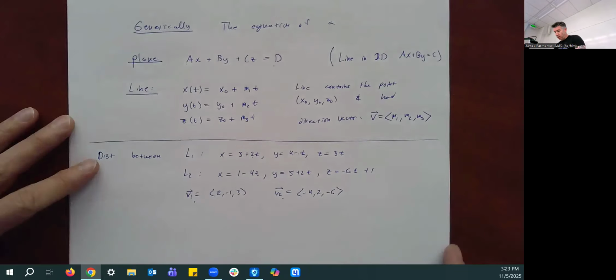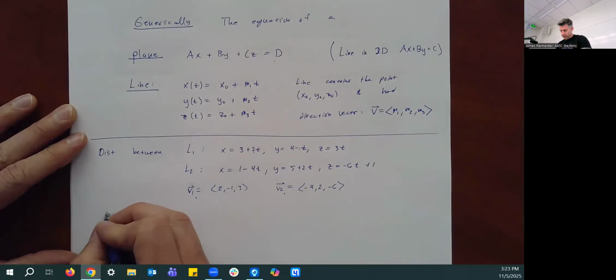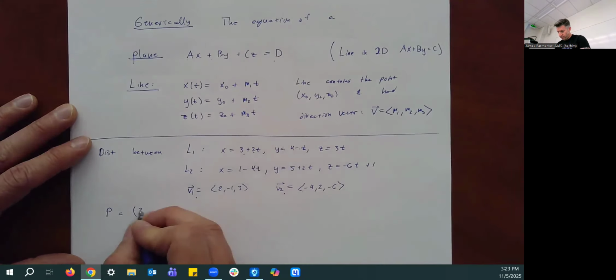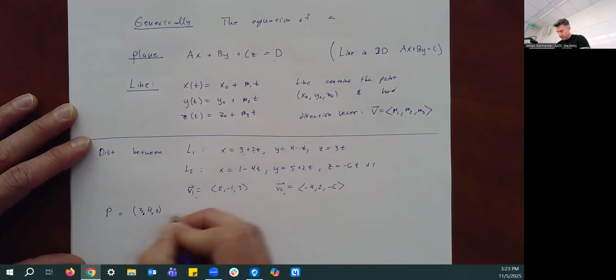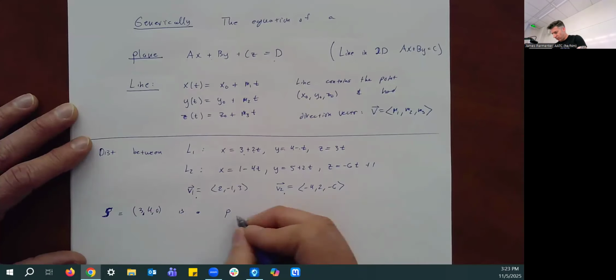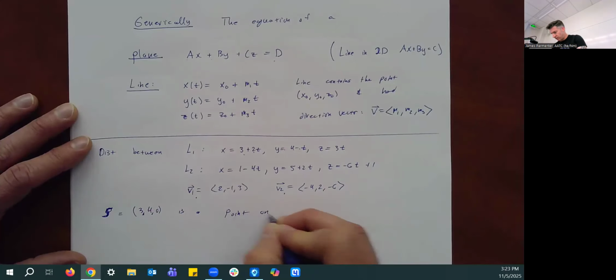So on the first line, let t equal 0 and we get the point (3, 4, 0). Let's call it S, because I'm going to be smart about this. S equals (3, 4, 0) is a point on the first line.